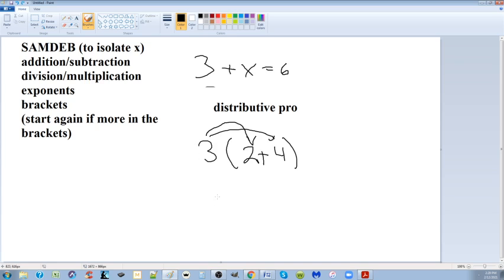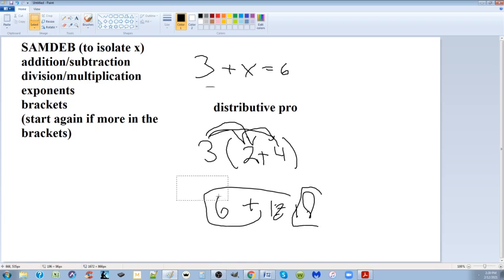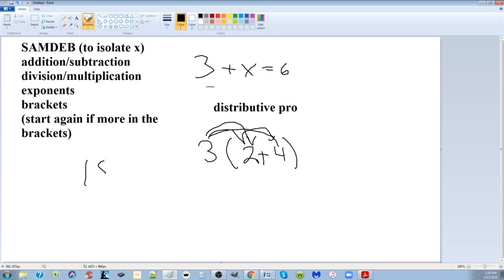So what's 3 times the 2? It's 6. What's 3 times the 4? It's plus 12. So you see that I've multiplied 3 to both those things to create this, and then when I add them, it's 18. Well, let's solve it within the brackets first, and just remember 18 was our answer. Within the brackets, I can easily just solve it as 6 and multiply 3, and it's clear, it's 18.